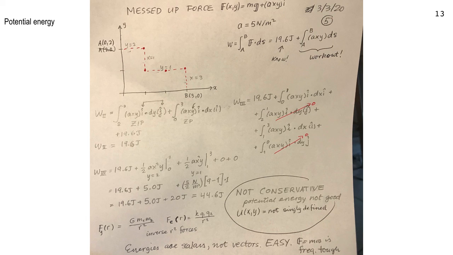What's the value of x here? x goes from 0 to 3. What's the value of y down here? 0. So this one's going to be zip zap because of this. Right? So that's a constant.